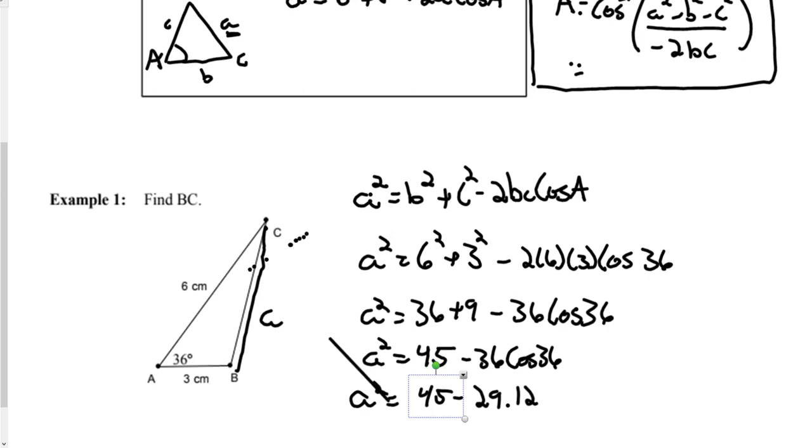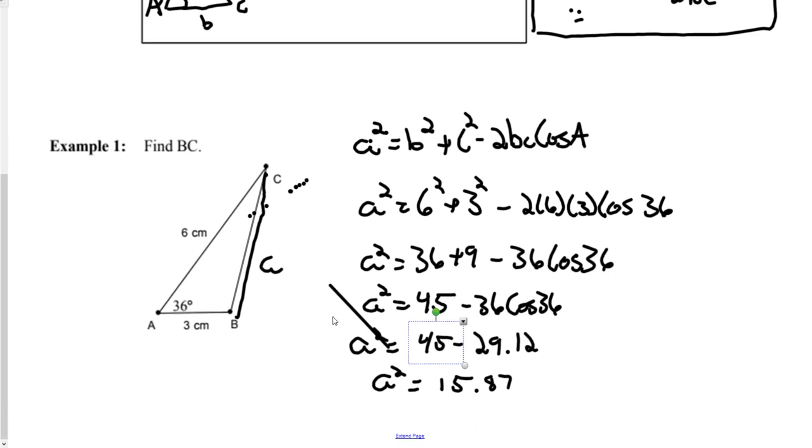So then 45 minus all of that. And then in the end, I have a squared equals 15.87.